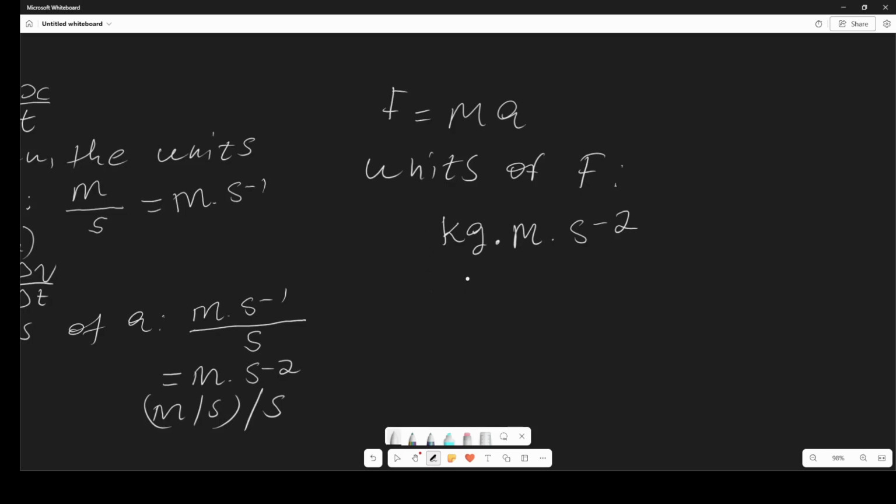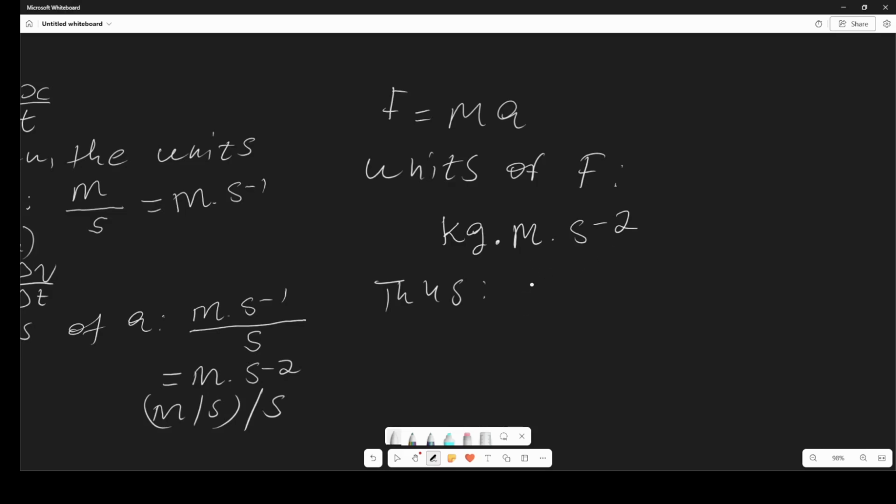So these are the units of force. And thus, you can go further and give a definition for this kilograms meters per square second.